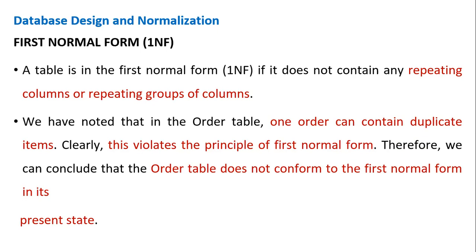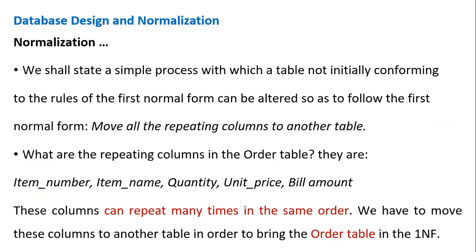So we have noted that in the order table, one order can contain duplicate items. Clearly this violates the principle of first normal form. So you just refer to that table and look at it clearly. Now, as we break it down, all those are duplicating, so you remove them and create another table. What are the repeating columns in the order table?